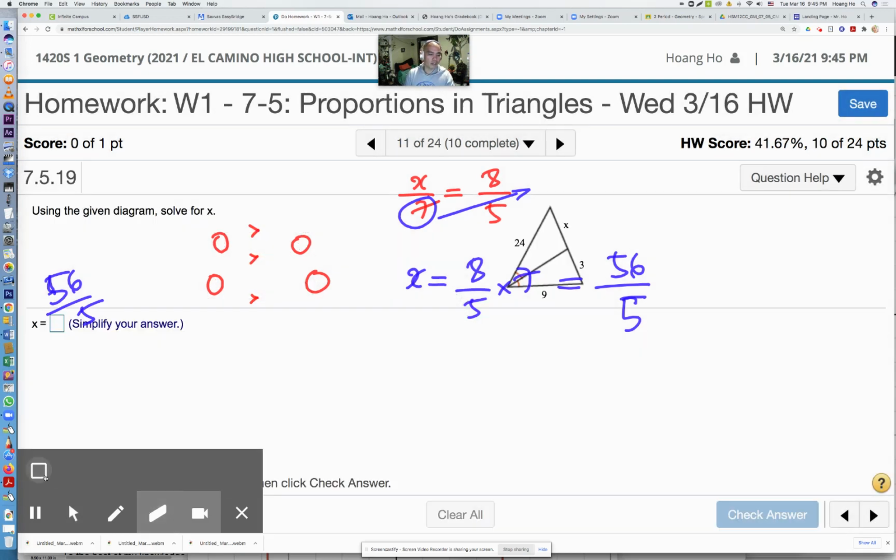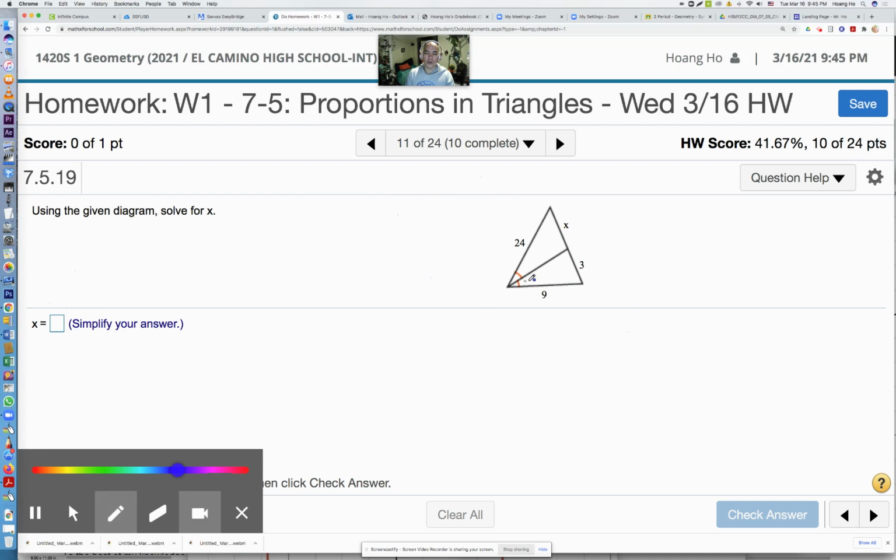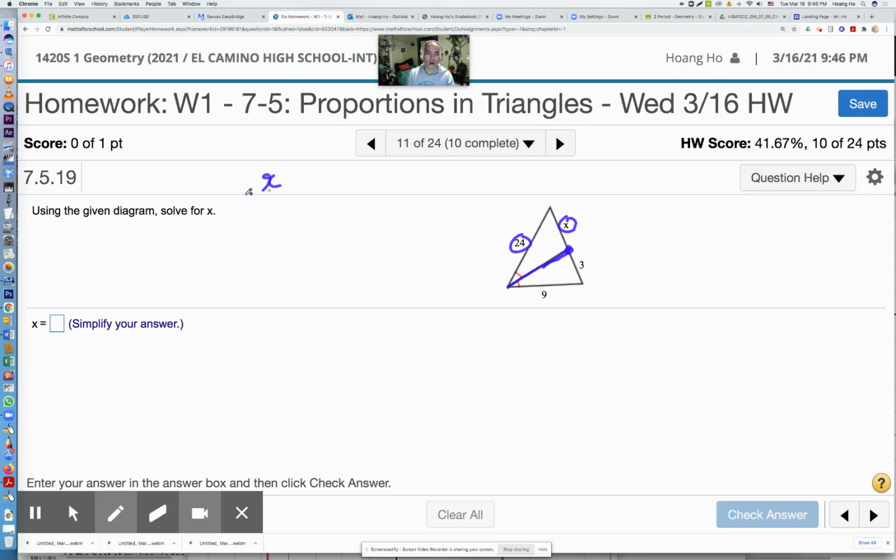Question 11. So now you get angle bisector. So then you got a proportion over here. So how about x over 24 equal 3 over 9.